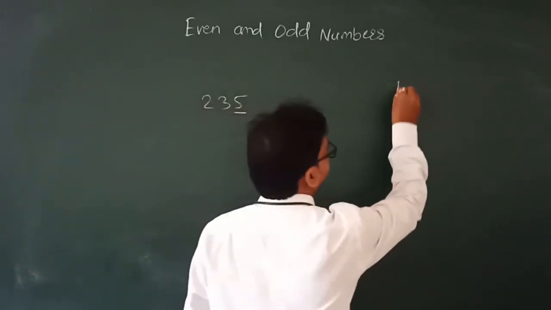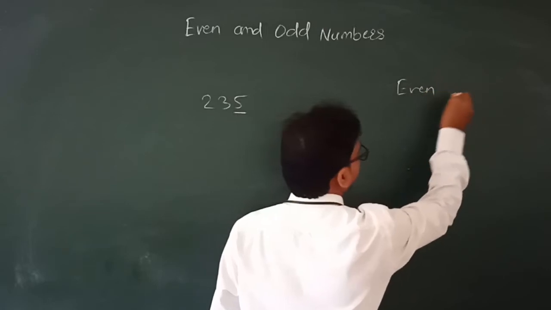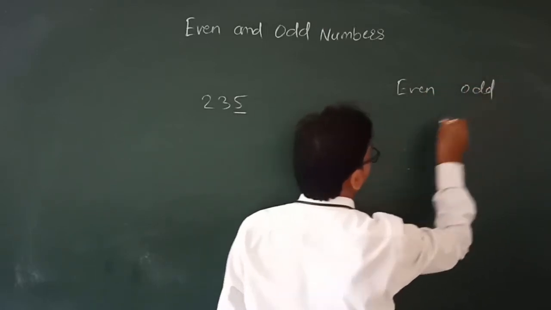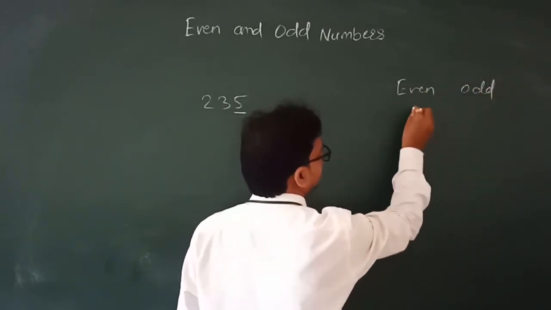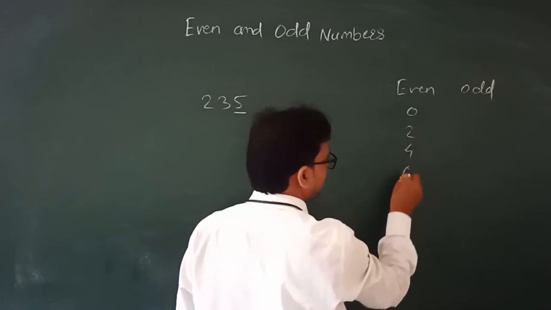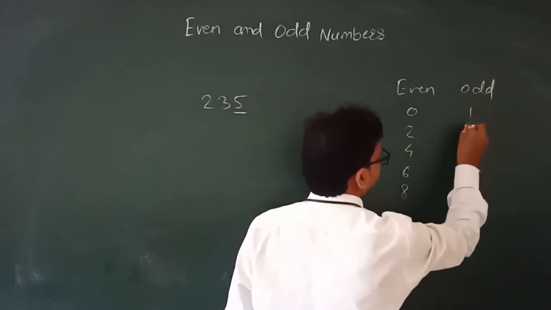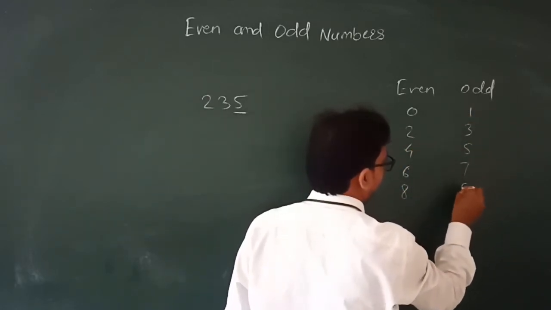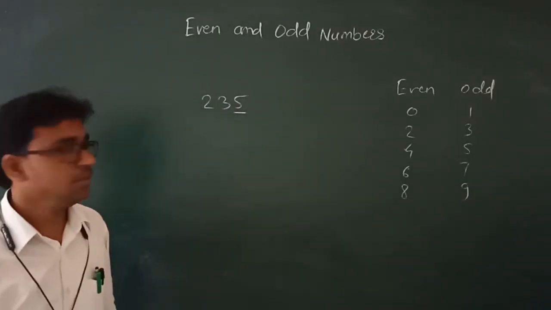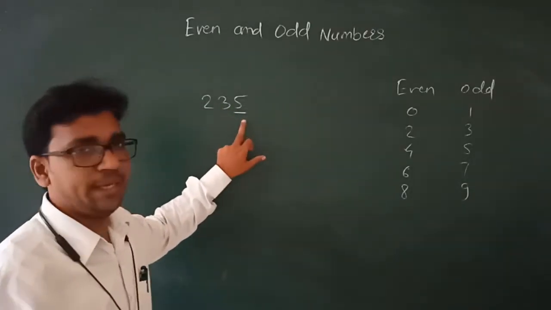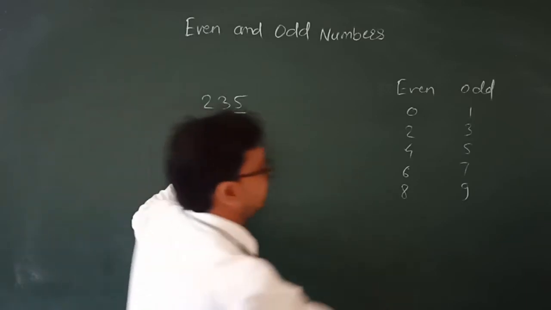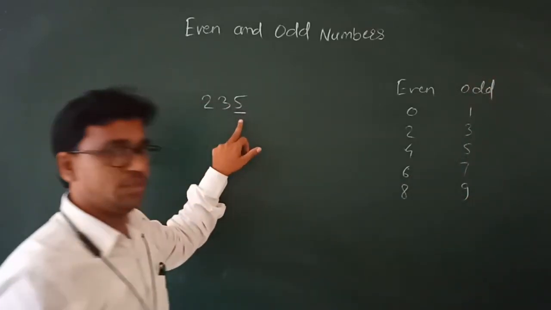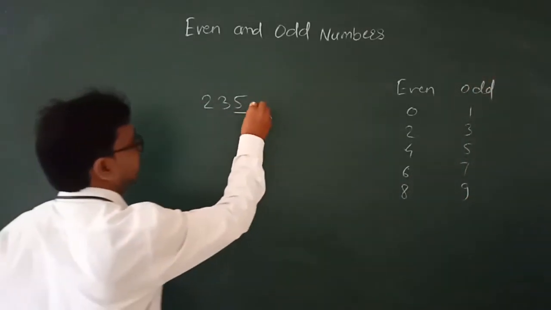See, I write here for even there will be 0, 2, 4, 6, 8, and for odd there is 1, 3, 5, 7, 9. So 235 is there, 5 is in the place of odd numbers. So this is the odd number.